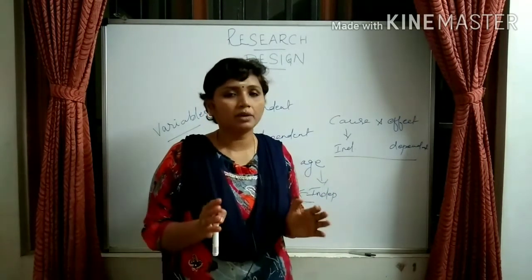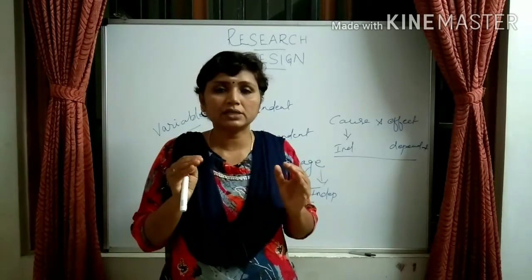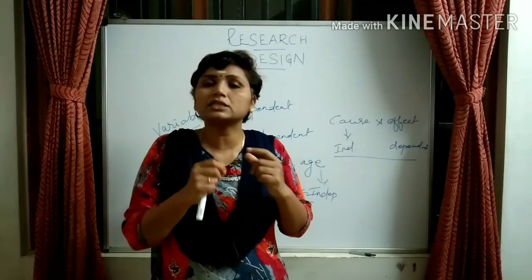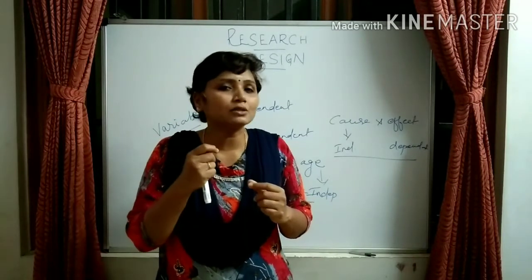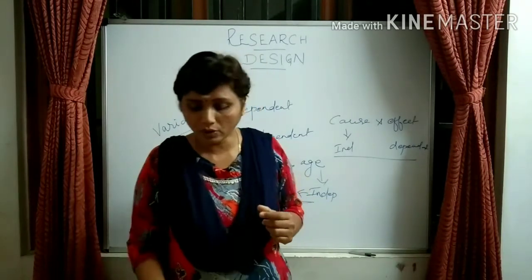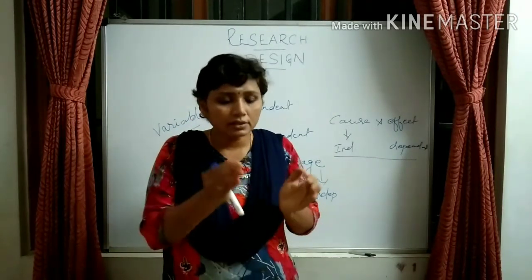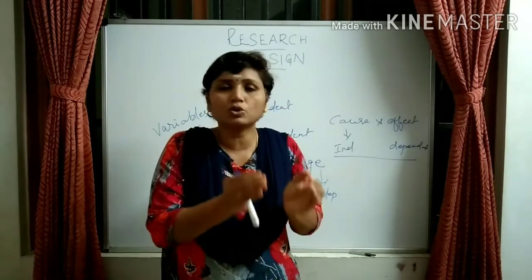And the next one, treatment. Treatment means that for the experimental group we are manipulating the independent variable. That is called the treatment. And the experiment, we all know, is the manipulation taking place on a particular group of people.